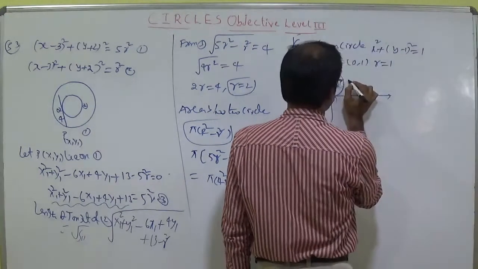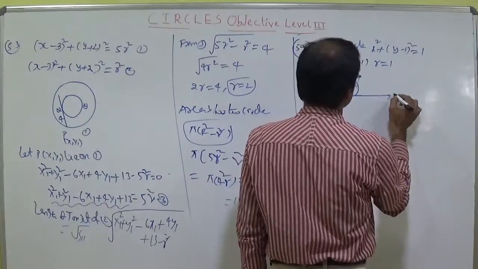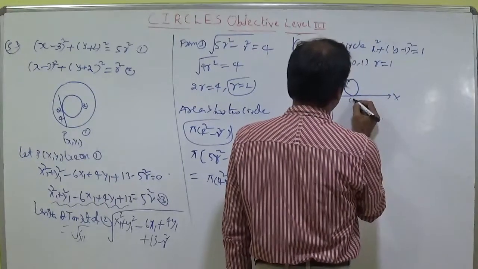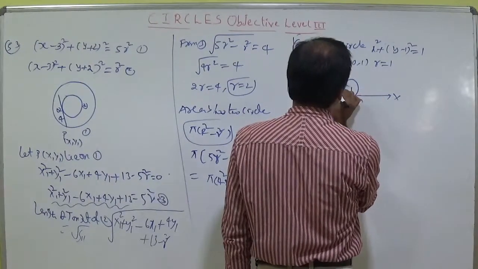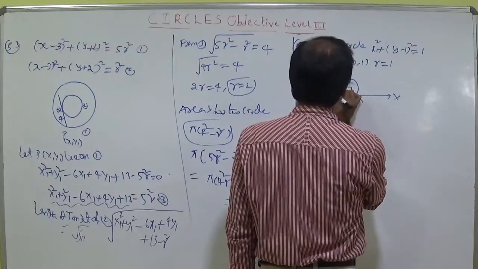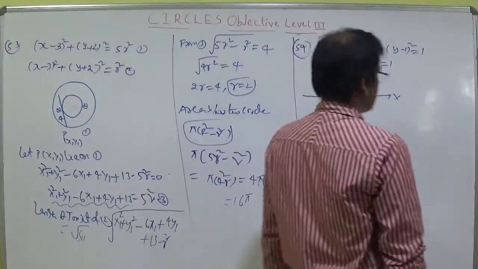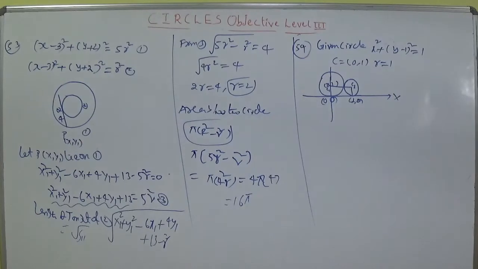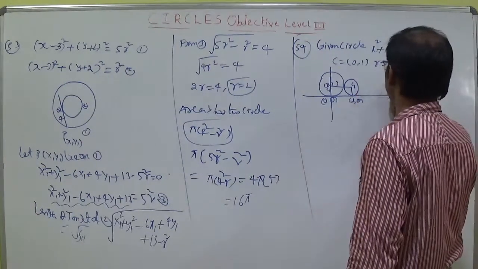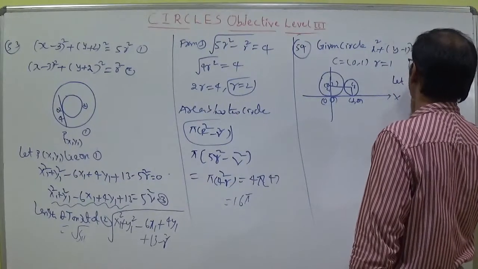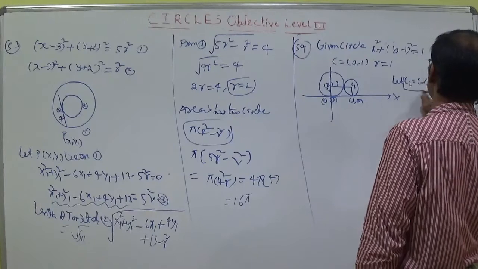Let us draw a rough diagram like this. Whenever a circle is touching the x-axis, put here (alpha, 0). So draw like this. C1C2 equal to R1 plus R2 concept. Since he is giving the center, let C2 be equal to (alpha, beta).